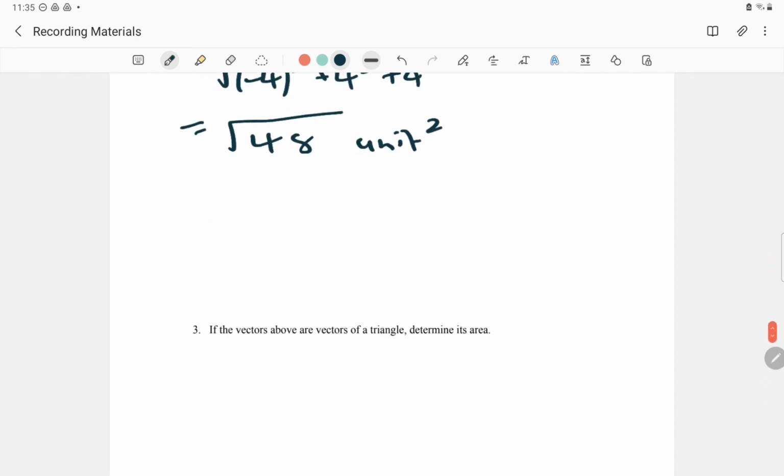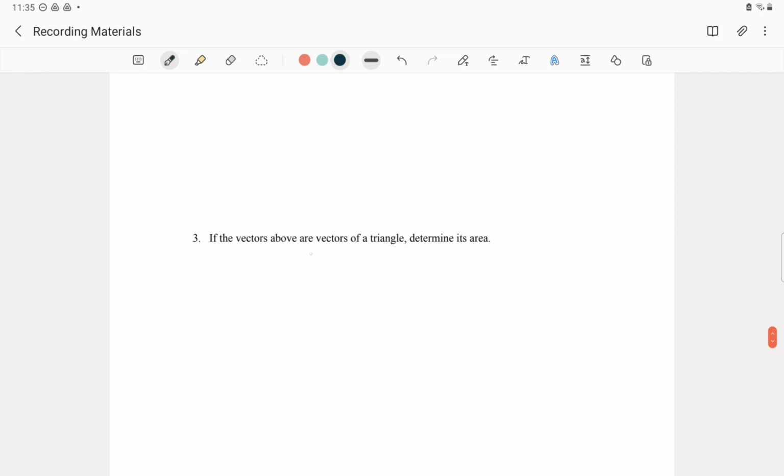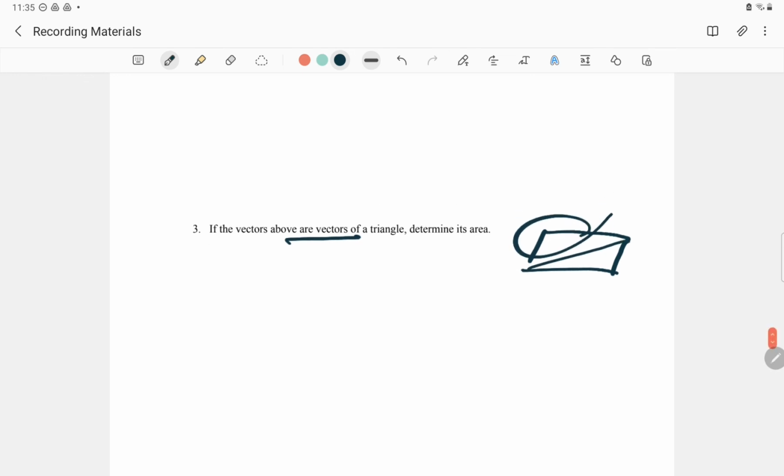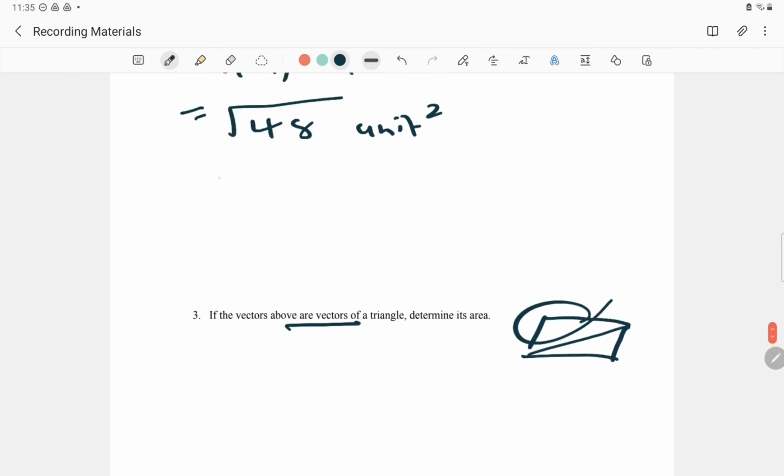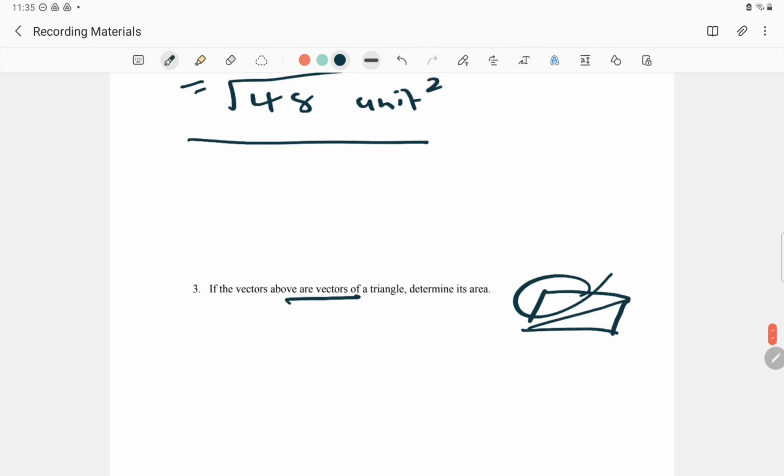And to determine the area if the vectors given above were a triangle, remember that the parallelogram, you divide it by half and it is a triangle. So the area of the triangle would simply be half of the area of the parallelogram.